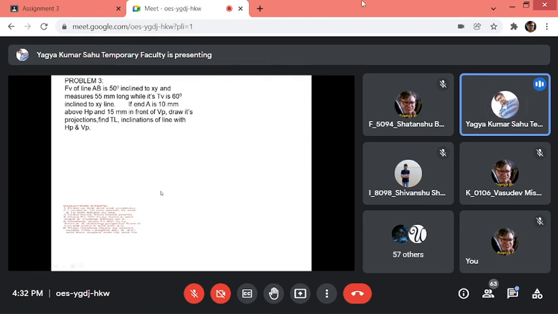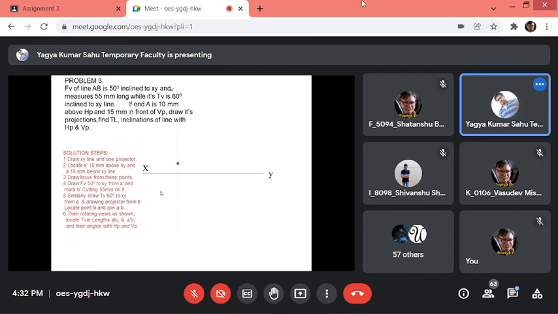Okay. First of all, draw XY. Locate projections of A, which is I think 10 and 15. Now draw a line inclined at 50 degrees of length 55. This is what it will be, right? Yes, sir.